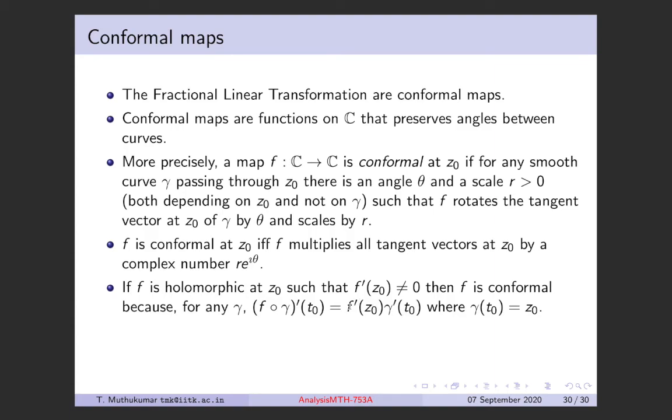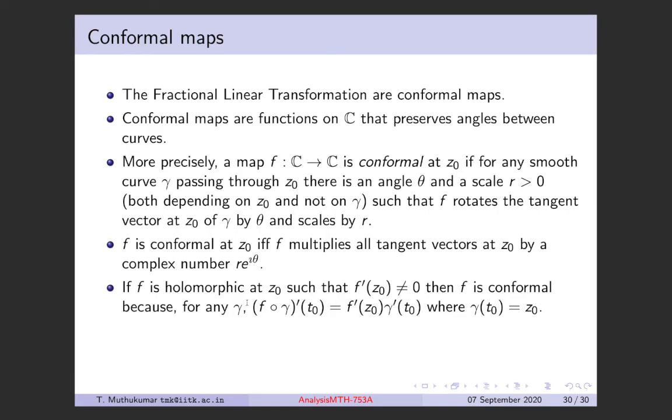Which means there is a complex number f prime z naught multiplied to the tangent vector of gamma, where gamma of t naught is z naught. So whenever this is non-zero, whatever gamma you take, it's always f prime z naught that is multiplied to that tangent vector. So any analytic or holomorphic function is conformal.